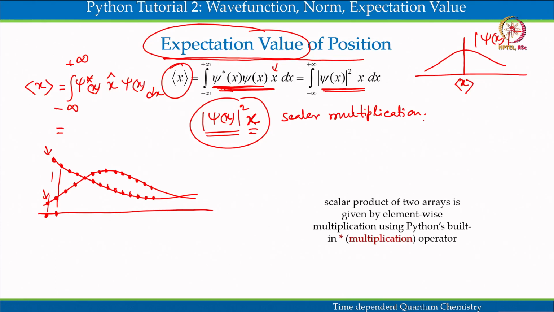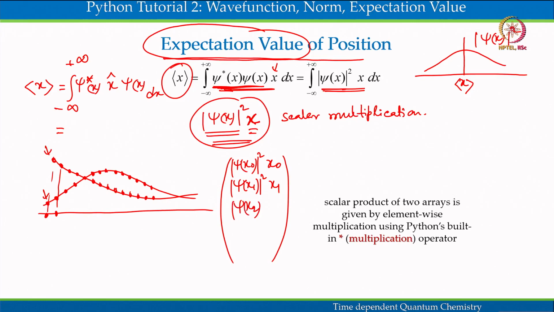Scalar multiplication is very easy to do. In the end, this is an array which will be represented this way: psi of x naught squared times x naught, then psi of x1 times x1, psi of x2 times x2, and we continue like this.